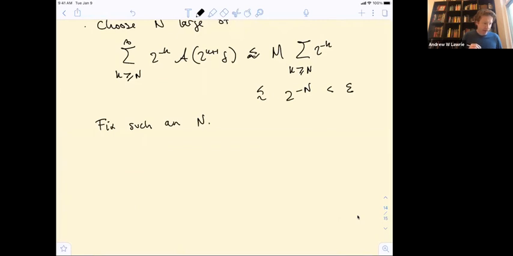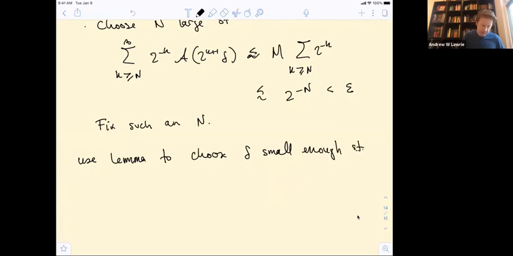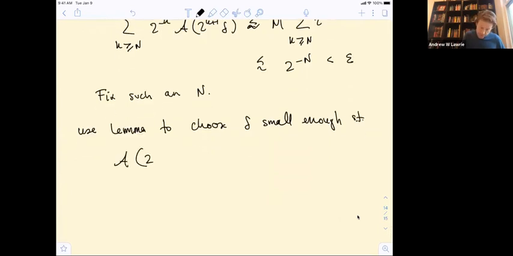And then use the lemma to choose delta small enough so that a of 2 to the k delta is less than epsilon over n for k equals 0, 1 up to n, and there are only finitely many such k, so that this is possible.